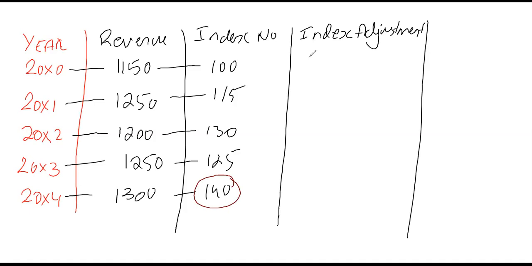What is the formula I'll use in order to adjust the revenues to find the splitting point, the point at which the impact of the increase in selling price is reflected in the actual revenue?